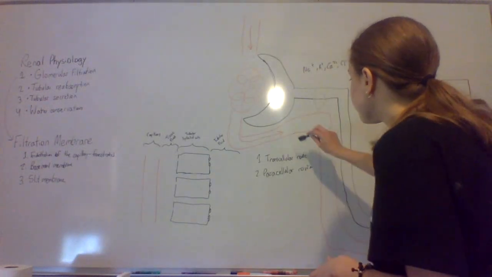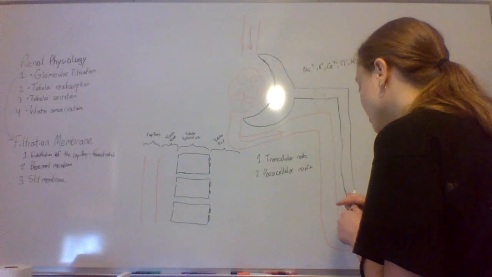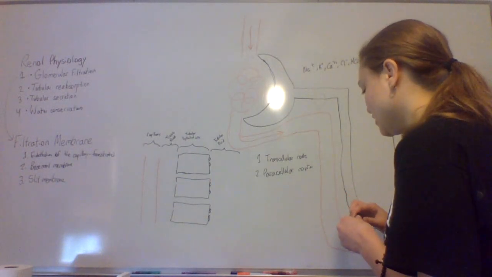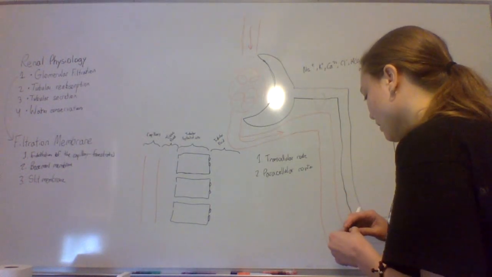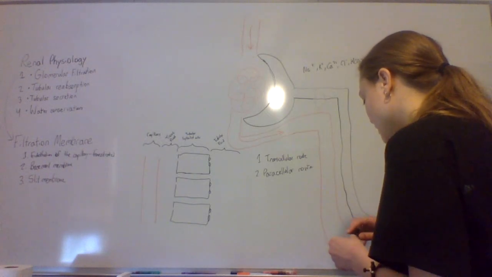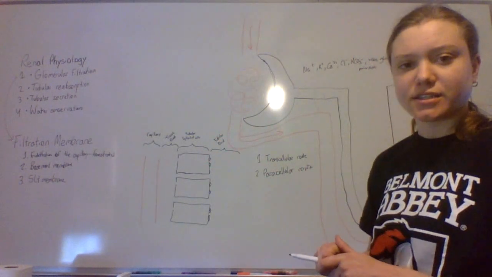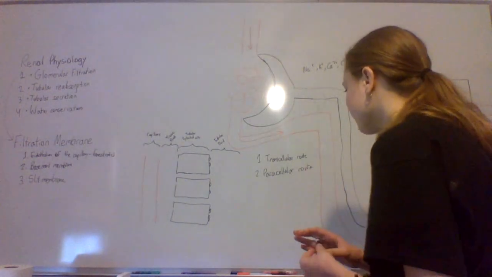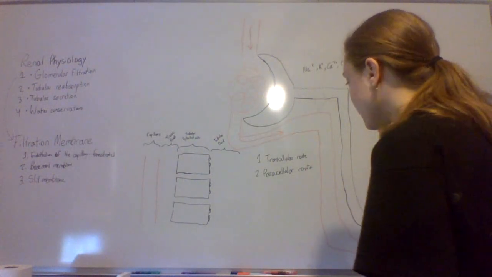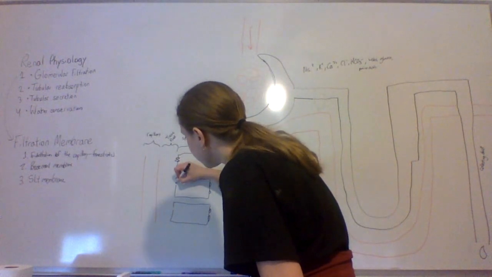Alrighty, so for the transcellular route, this is for sodium and hydrogen and amino acids and glucose, just moving those all back into the capillary because those are useful substances. We want those back in the blood. So, first of all, remember the sodium-potassium pumps?